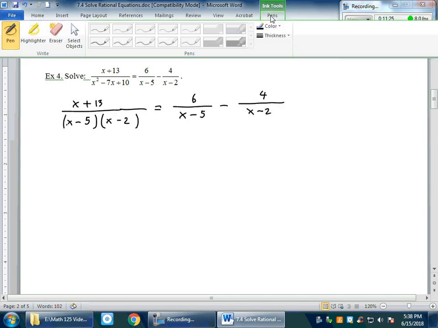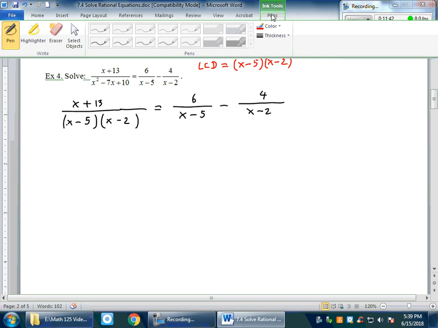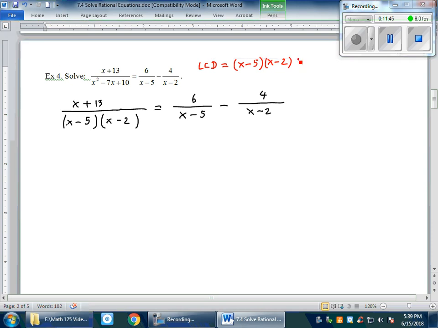From here, we can clearly see that our least common denominator, LCD, will be x minus 5 and then x minus 2, and also the restrictions of the fractions. For the left-hand side fractions, x cannot be equal to 5 or 2. And that also takes care of both fractions on the right-hand side.